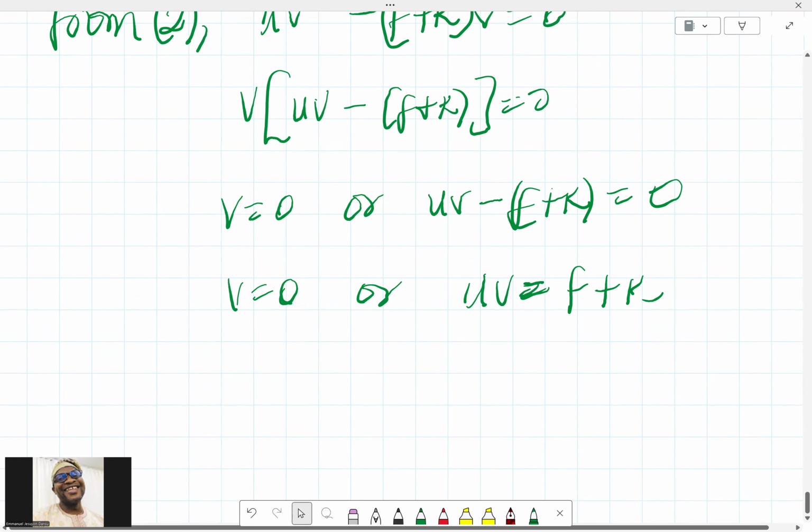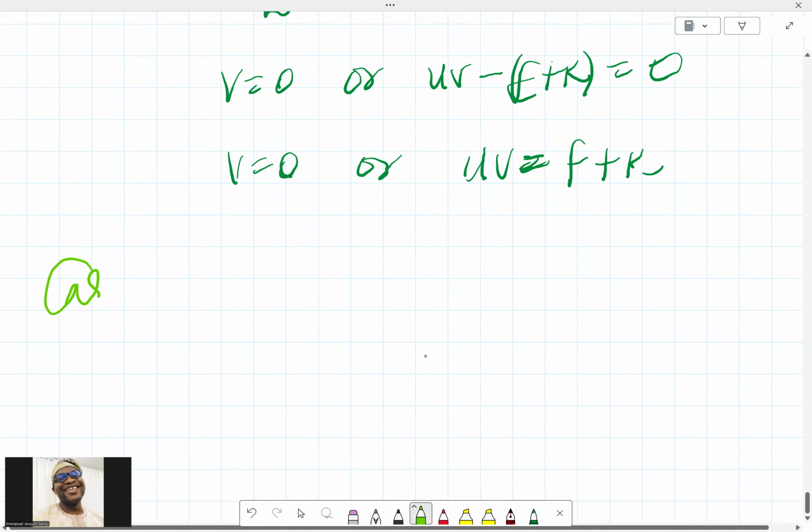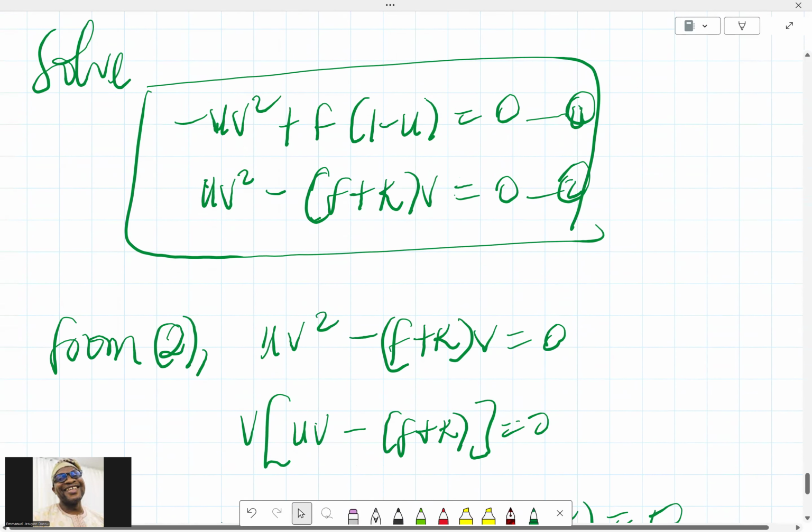So we can now have two cases. So you can have case 1 where v is equal to 0. So you can use that in the first equation.